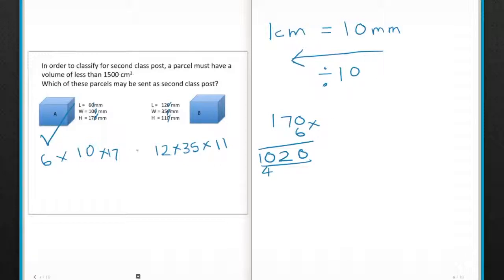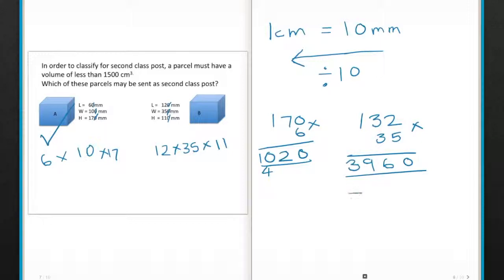Now we've got 12 times 35 times 11. Well, 11 12s are 132. And then I'm going to times that by 35. I'm going to times by the tens first, which is this side, 0 down. 3 2s are 6, 3 3s are 9, 3 1s are 3.